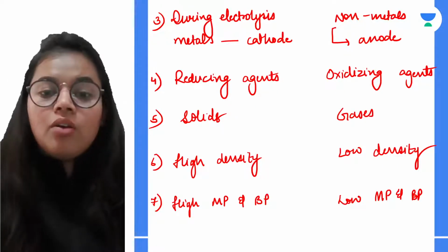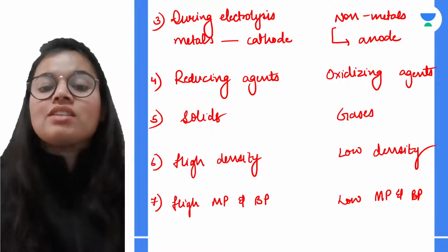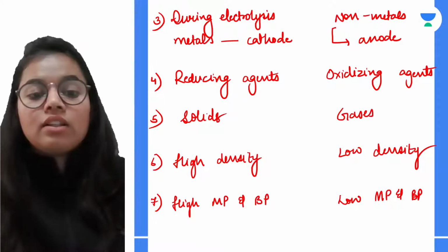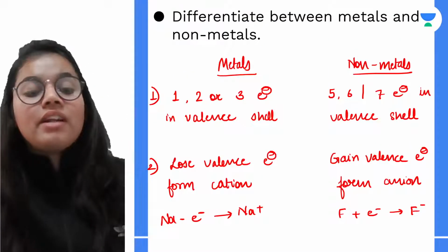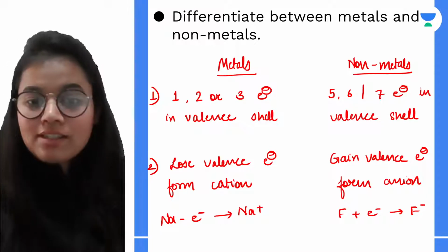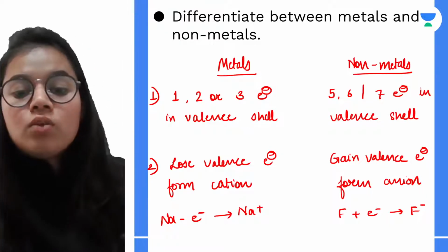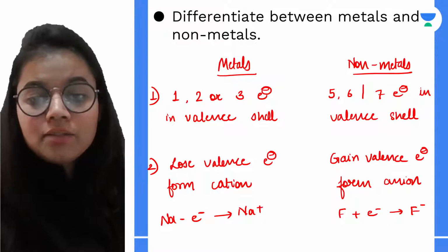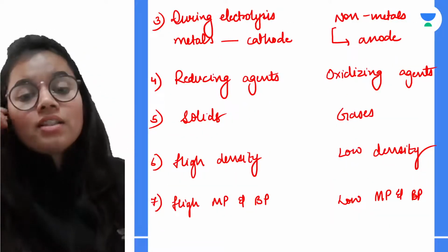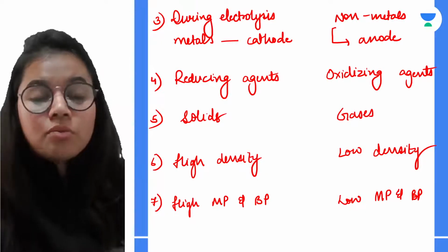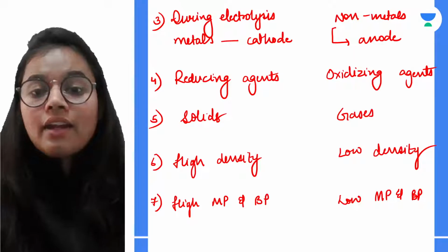I hope these questions are very clear to you. Let's quickly see the differences we saw. Metals have 1, 2 or 3 electrons in the valence shell, non-metals have 5, 6 or 7. Metals lose electrons and form cations, non-metals gain electrons to form anions. Metals are obtained at the cathode during electrolysis and non-metals at the anode.